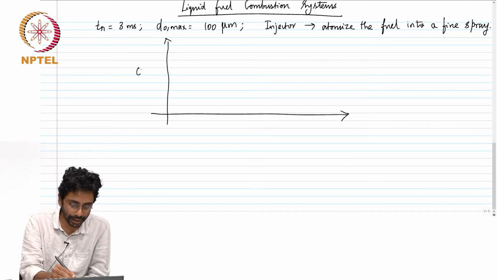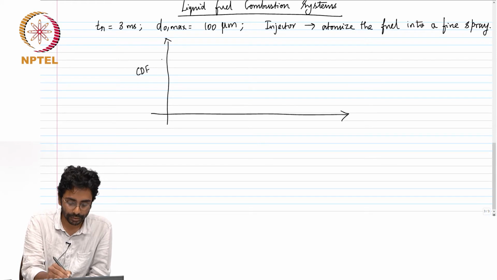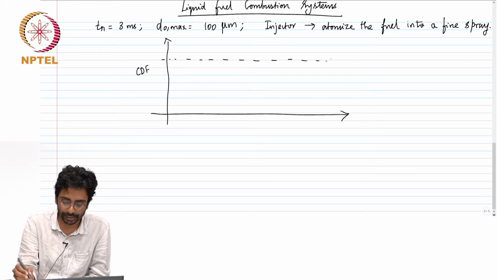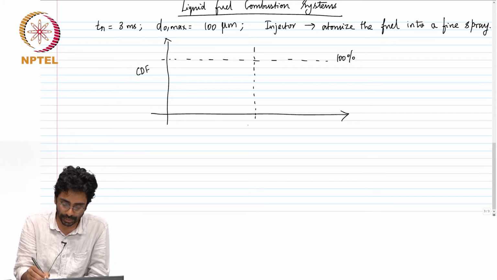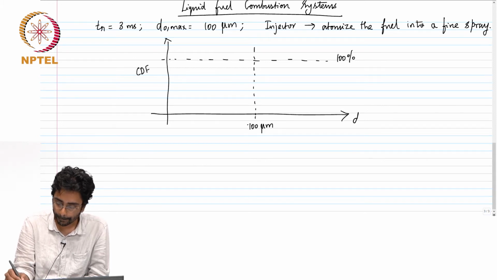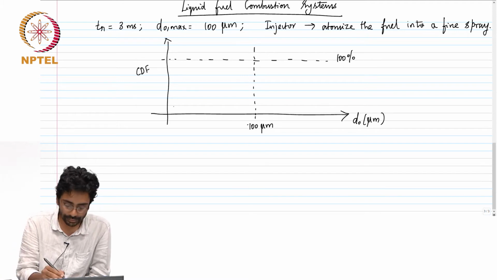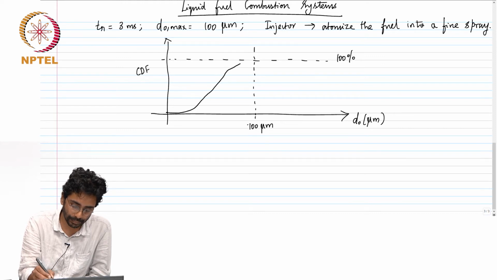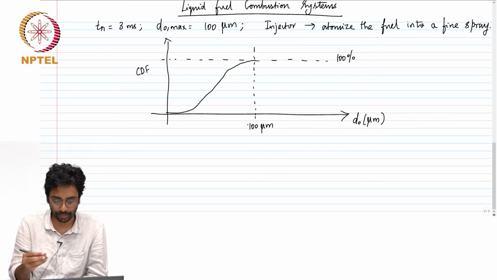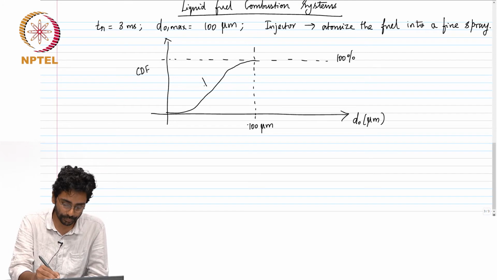So, if you plot the cumulative distribution function and take this, let us say, as the 100% limit, what do we want? We do not want any droplets to be larger than 100 micron. So, we want a distribution that goes something like this. It should hit the 100% before reaching 100 microns. Okay. So, this is a preferred distribution.